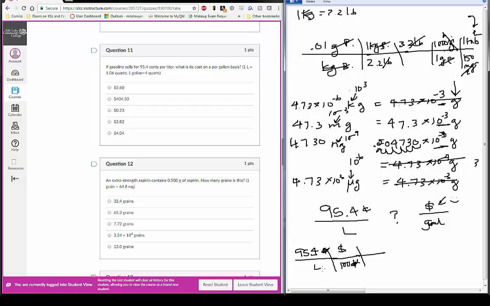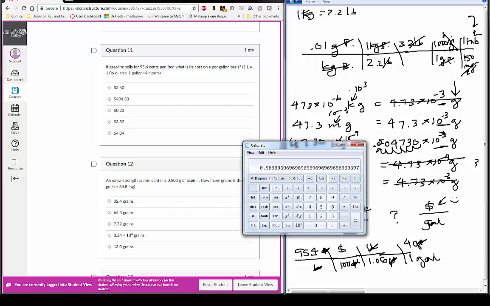All right, now we need to go from liters to gallons, and I'm given liters to quarts, so let's try that. 1 liter goes on top, 1.06 quarts on the bottom. And then finally 4 quarts, put that on top, is 1 gallon. And if I do that, my quarts cancels, my liters cancel, and I'm left with dollars over gallons.